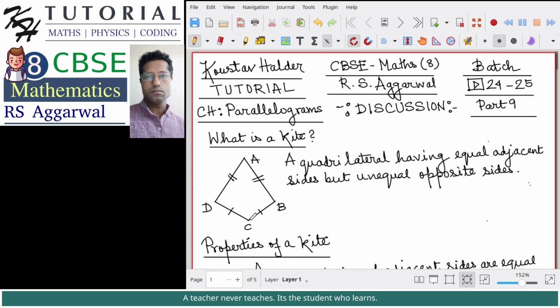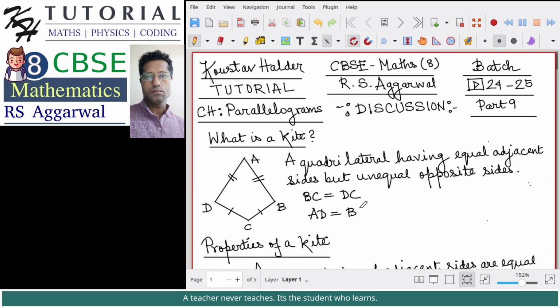We have a pair of adjacent sides BC and DC, and they are equal. Also we have another pair of adjacent sides, AD and AB, and they are equal.